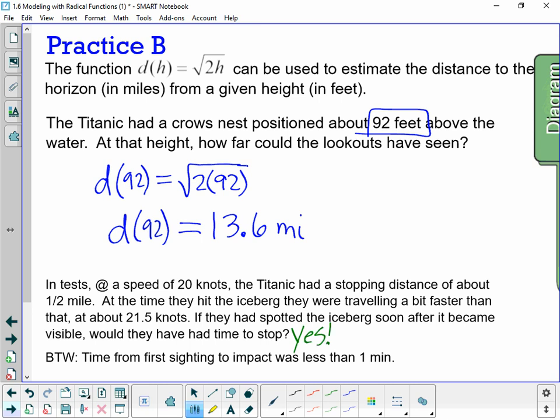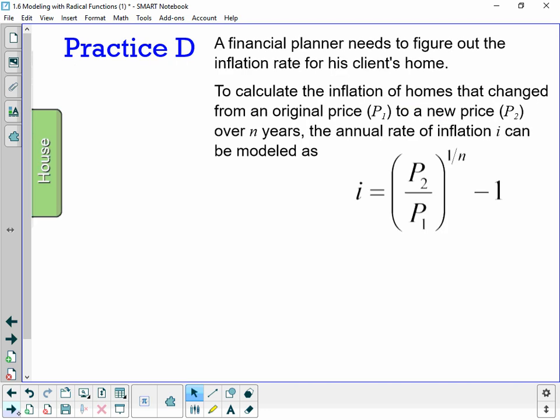Probably within a mile they should have been able to stop, and yet their lookout didn't even sound an alarm until less than 1 minute before they hit the iceberg. So I guess the lesson is watch out if you're the lookout. They should have been able to stop. They shouldn't have had any problems, but somebody didn't do their job right, probably.